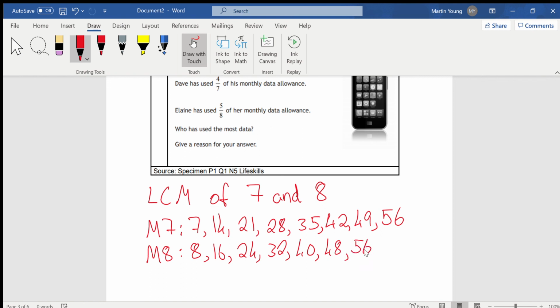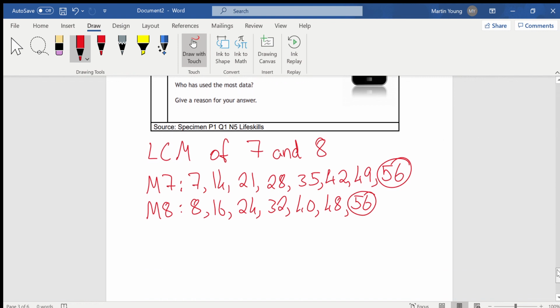So there's our lowest common multiple there. You might be able to tell straight away. So that's one way we can work out the lowest common multiple, or we could use a kind of smile and cross method, multiply the denominators together, or turn them into decimals by doing a division.